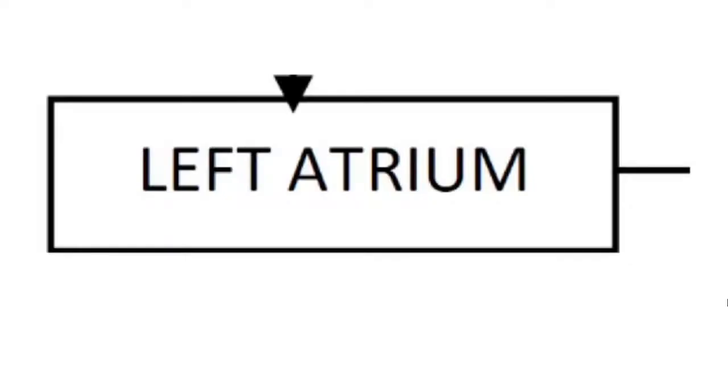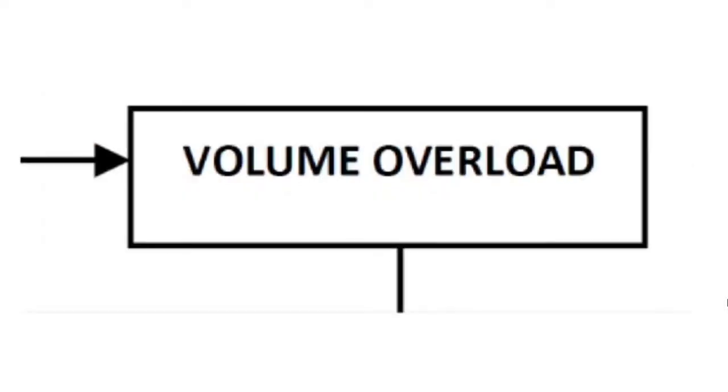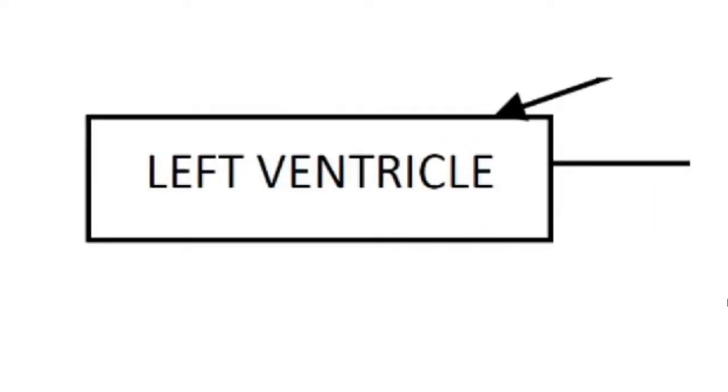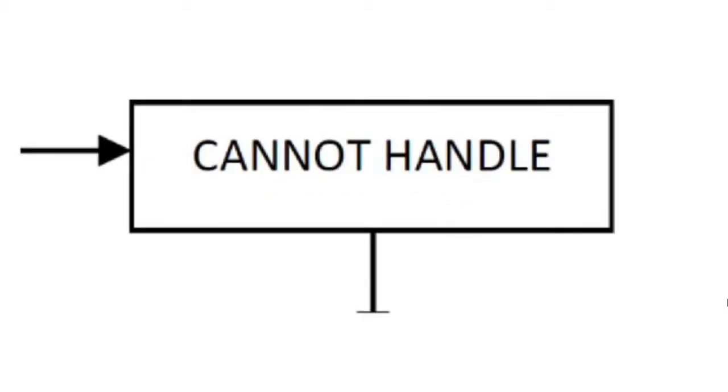So what happens in the pulmonary edema? It can develop slowly, especially when it is caused by non-cardiac disorders such as kidney injury and other conditions that cause volume overload. So this volume overload causes the pressure to build up in the left atrium, and the left ventricle will not handle that blood volume and pressure buildup in the left atrium.